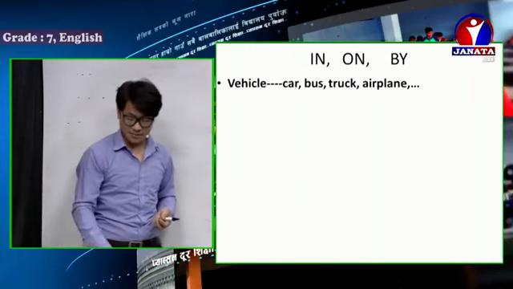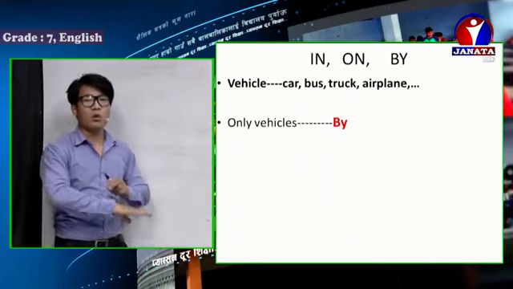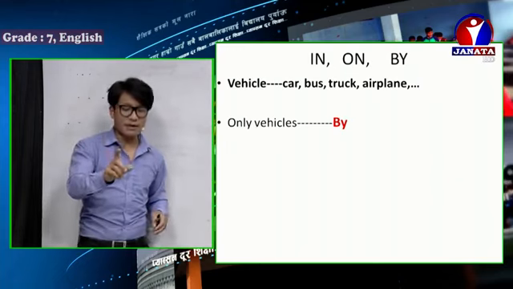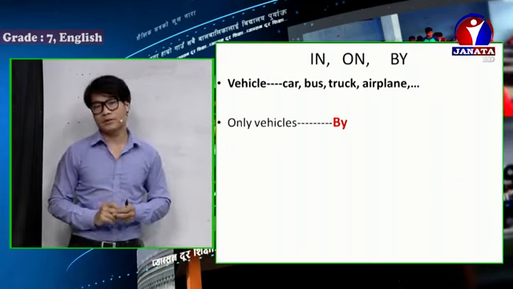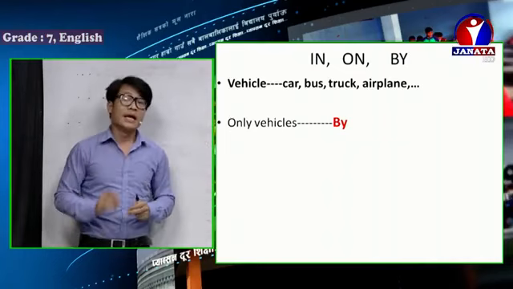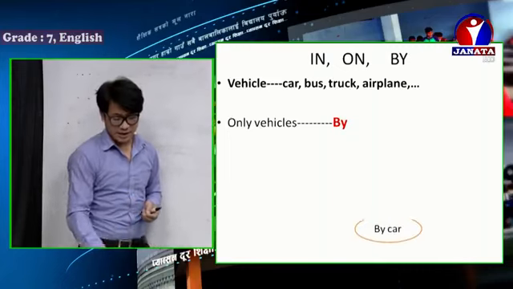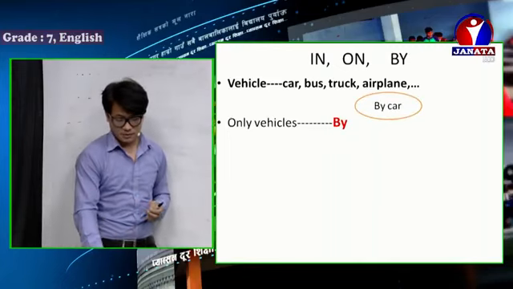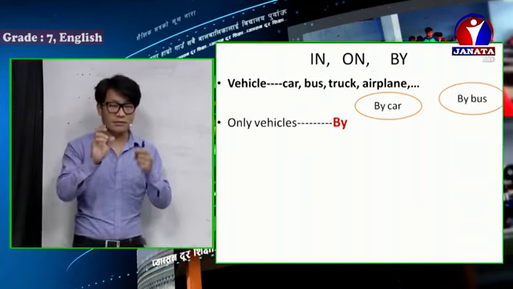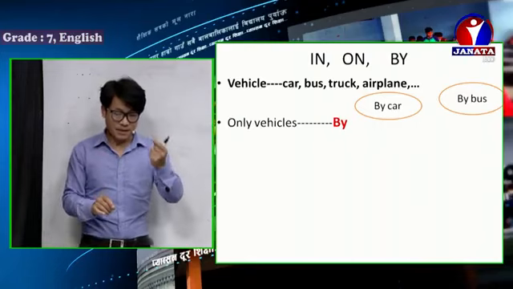Let me now give you an example. If there is only a vehicle, no other words with the vehicle, then we use the preposition by. It doesn't matter whether it is a personal vehicle or public vehicle, if there is just a vehicle, then we use by, like by car, by bus, because bus and car are standing there alone. So by car, by bus.